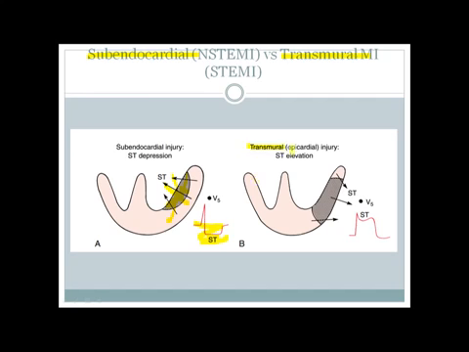But in case of transmural or epicardial MI, which occurs due to total blockage of an artery, the current of injury goes towards the injured side, and that's why it leads to ST elevation, and also later on it leads to development of Q waves.